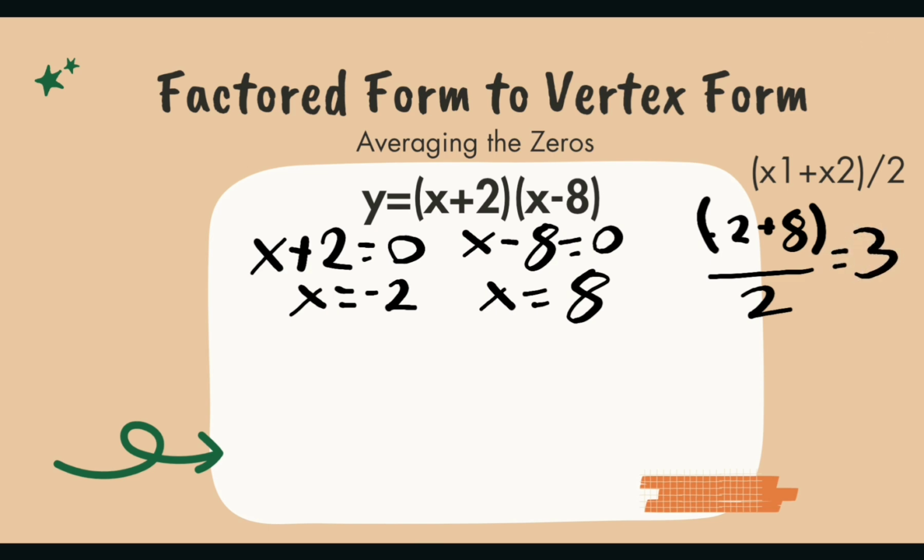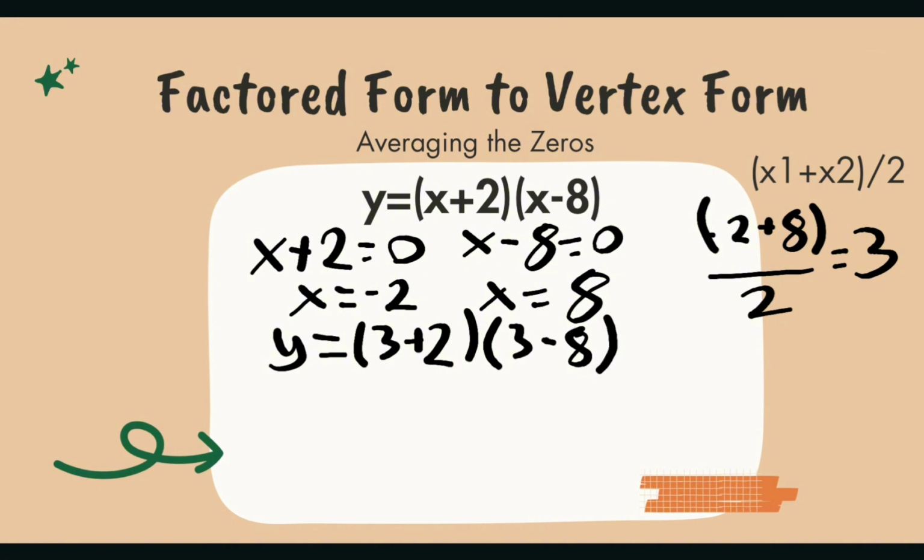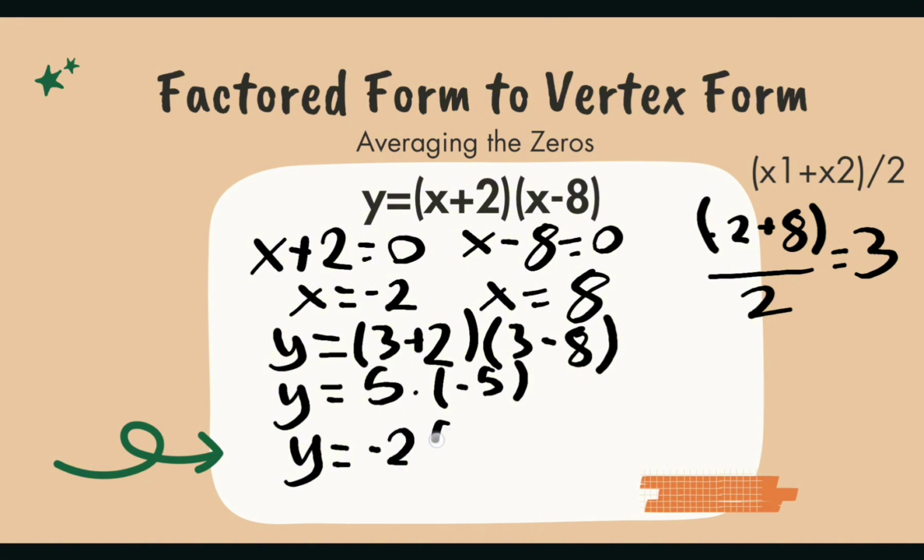Now let's substitute it into the formula. y equals (3 plus 2)(3 minus 8). y equals 5 times negative 5. y will be negative 25.